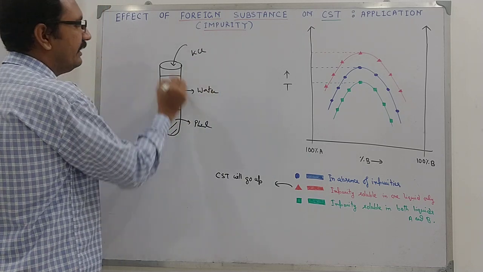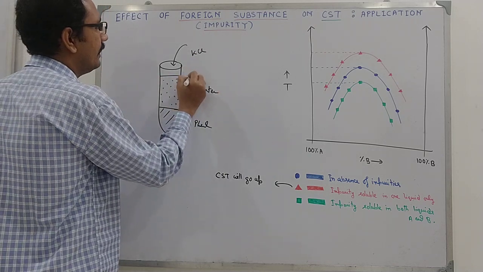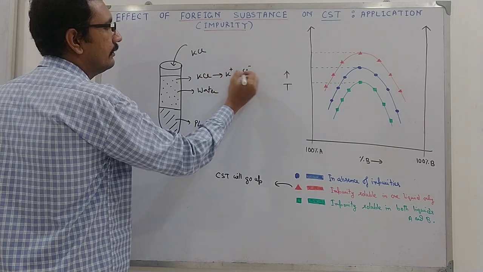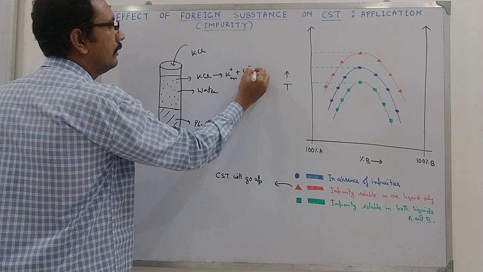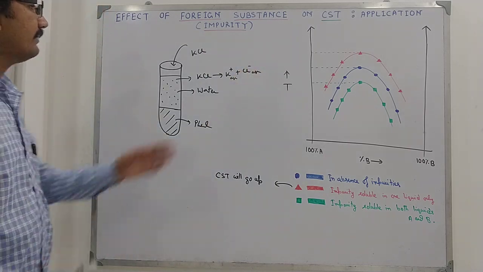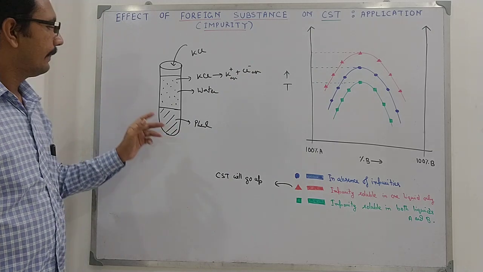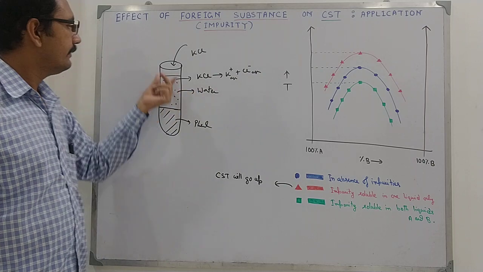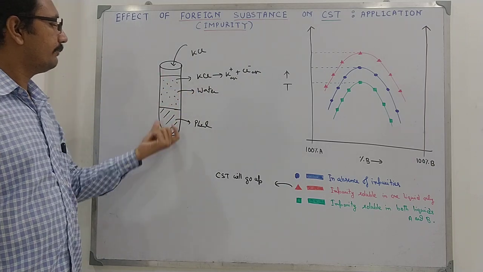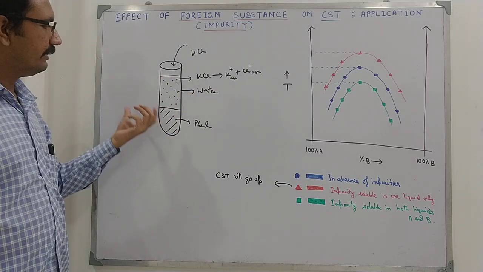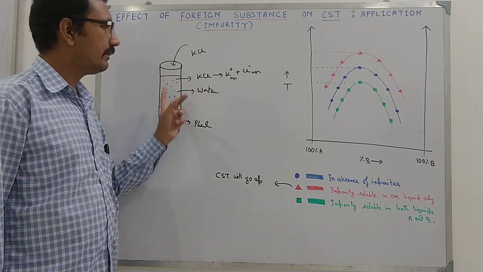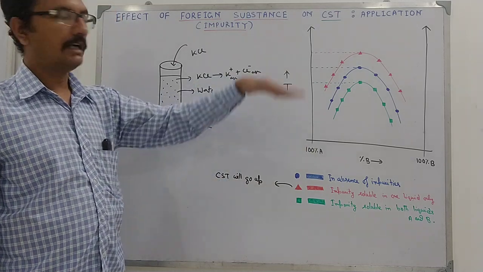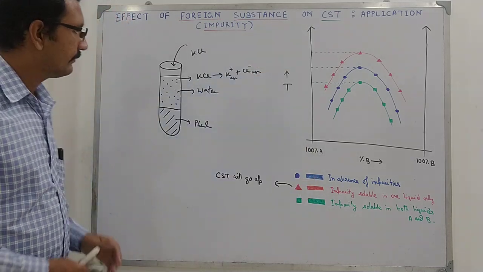KCl will go completely into water and it will ionize as K plus aqua and Cl minus aqua, that is hydrated potassium and hydrated chloride. These ions will stabilize the water and will prevent water from going into the phenol. So if we add KCl in phenol water system, we will see that the critical solution temperature is higher than in absence of the impurities.